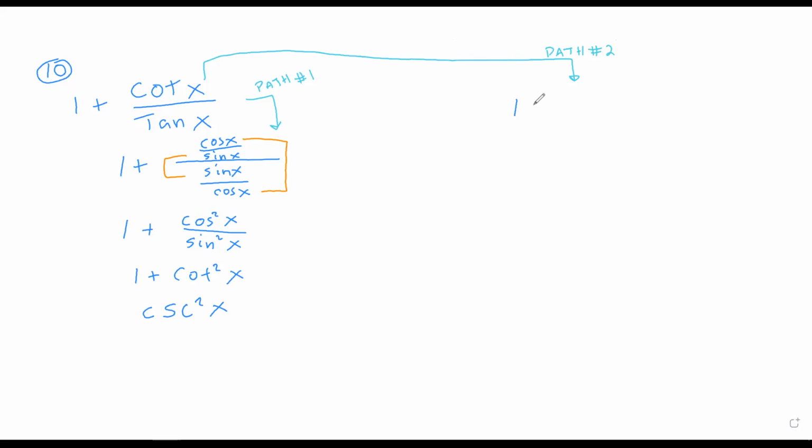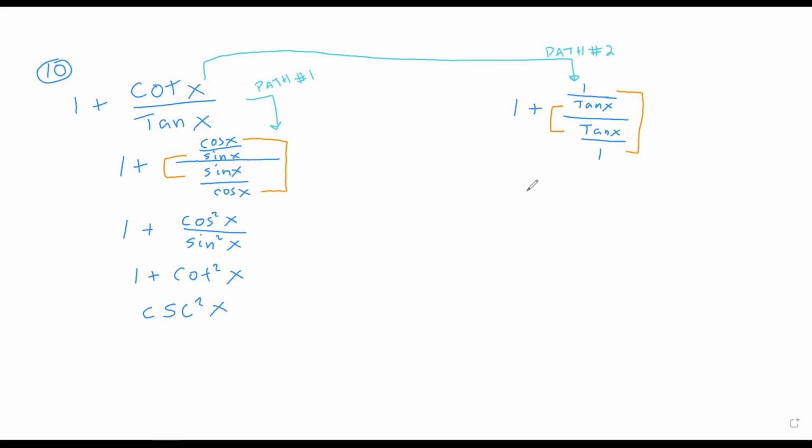So this is going to be 1 plus, and cotangent is 1 divided by tangent. We've got tangent here. So 1 here, and then we use the identity. This was actually simpler.